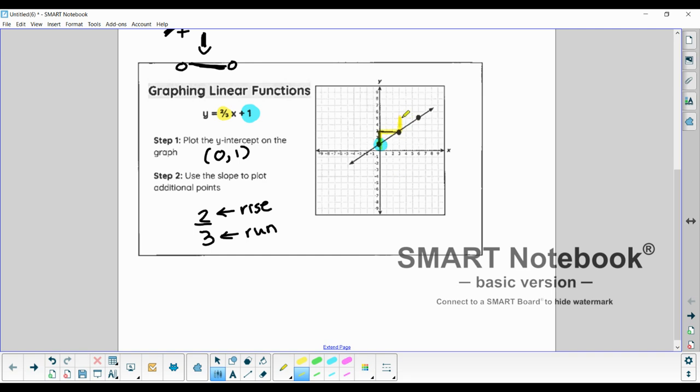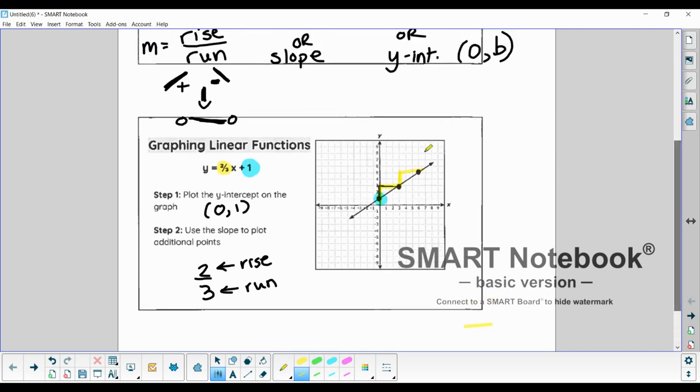And then I went up 2 over 3 to get this point as well. Again, Mr. Slope Guy tells me that because my slope was positive, my line should be going upwards like this. You could also get additional points by reversing the pattern. So instead of rising 2 and running 3, you can go down 2 and backwards 3 to get a point on the line as well. That's always an option.